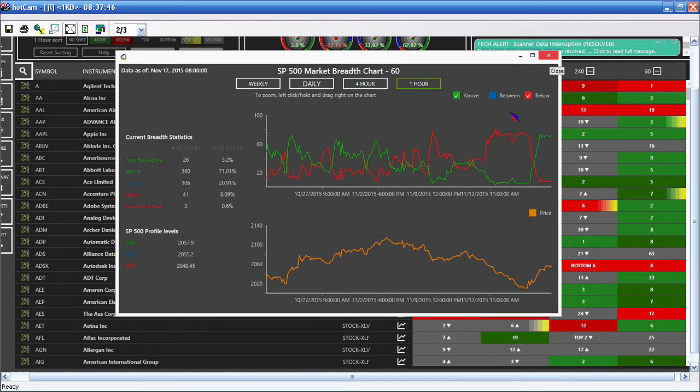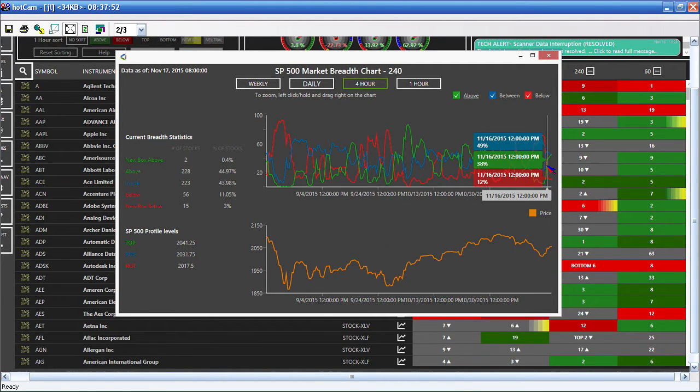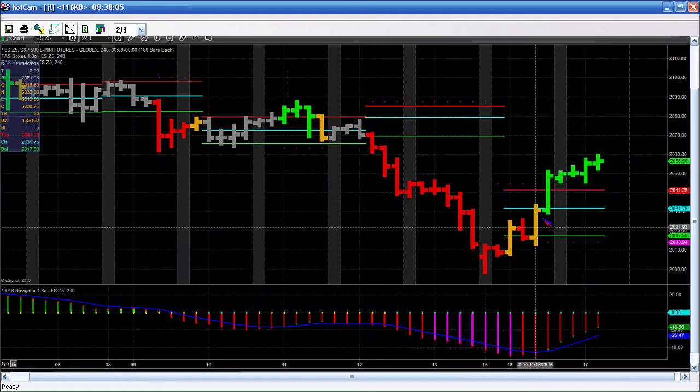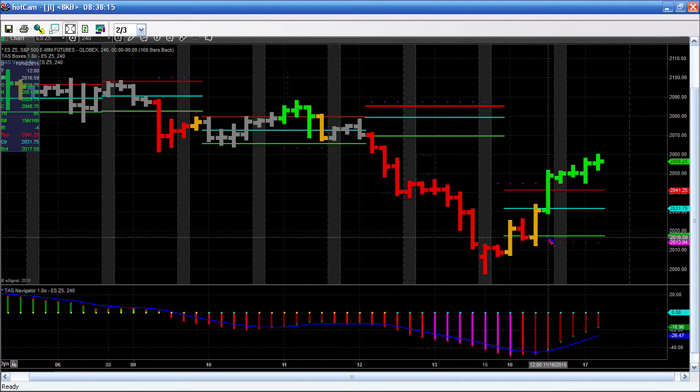Now the 240s turned positive maybe an hour after that, after we had cleared that profile. But I want to look at something else. As we had progressed into that state of the 60-minute and 240 breadths turning positive, yesterday morning pre-market, we talked about 2017 as a big number.